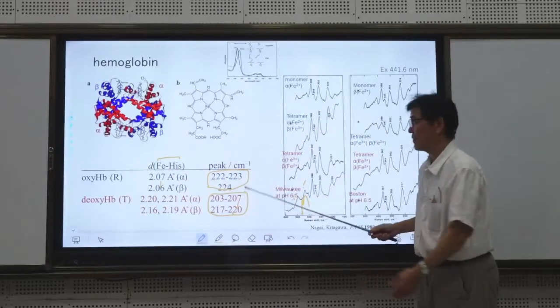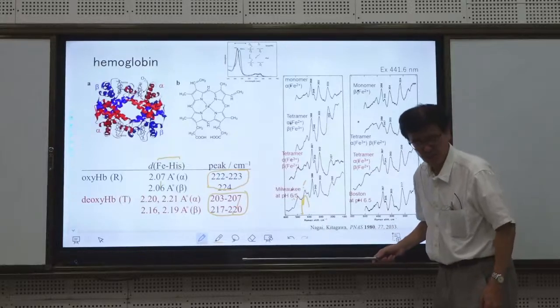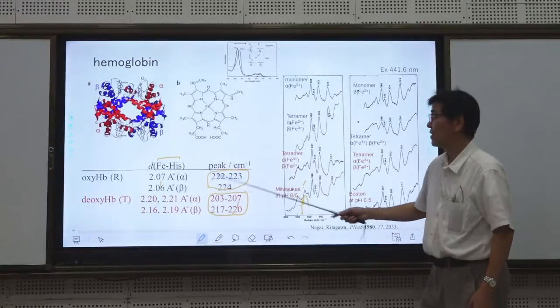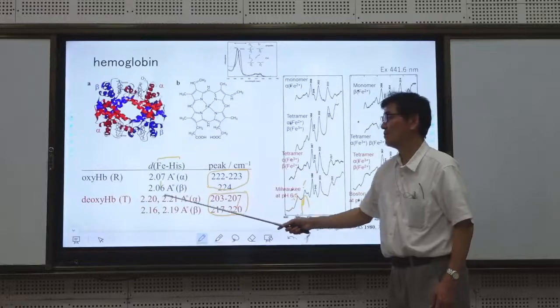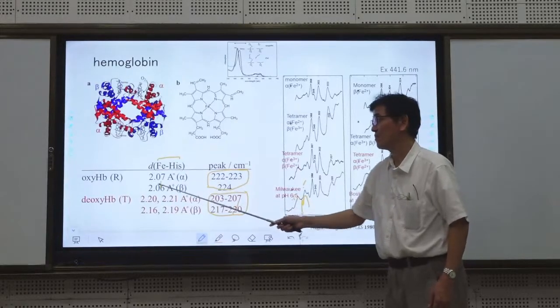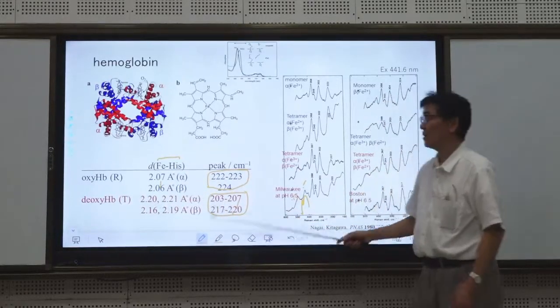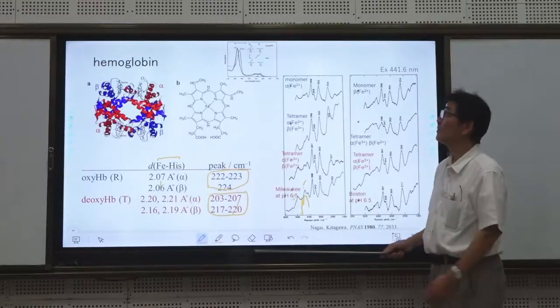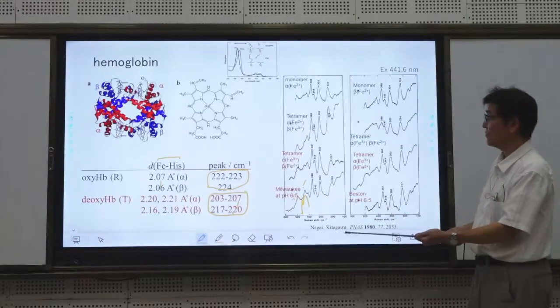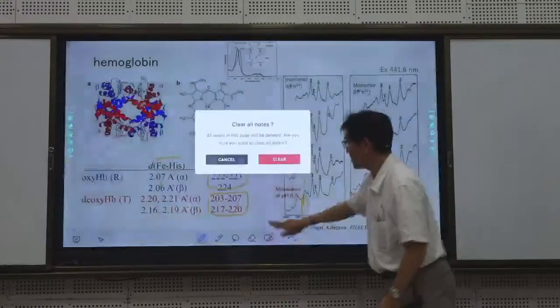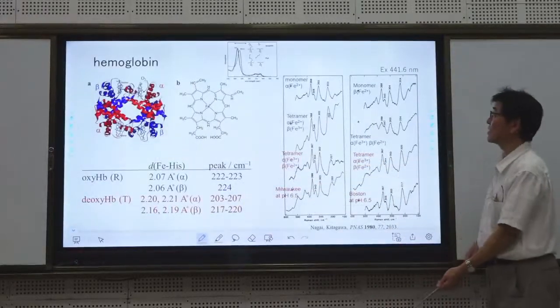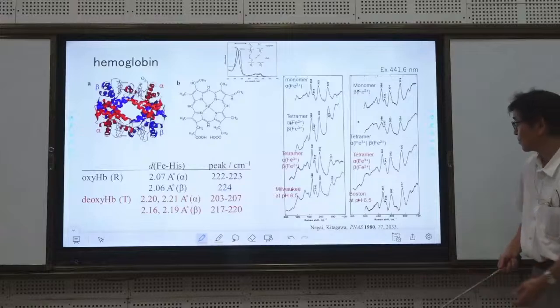Okay, the advantage of Raman spectroscopy shows up here. Even if the structural difference is quite small, it can be detectable. That is the advantage of Raman spectroscopy.